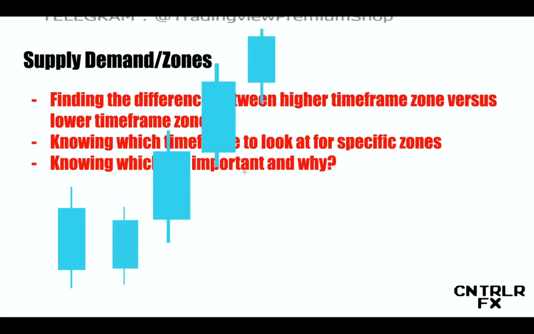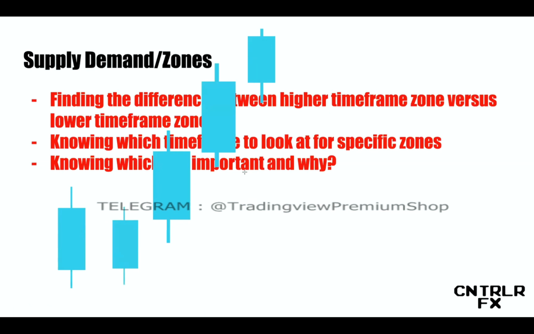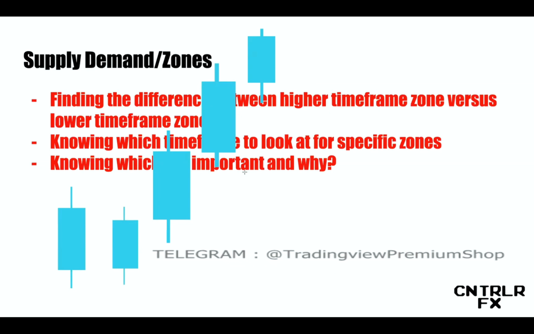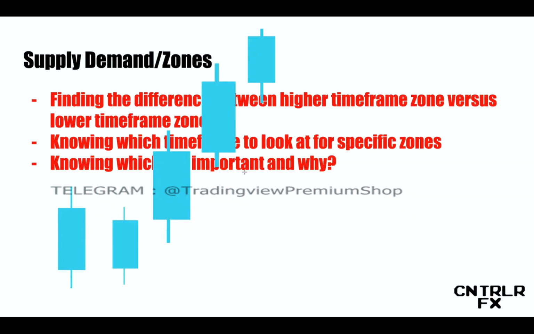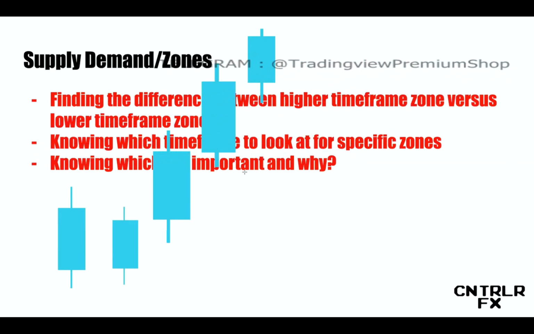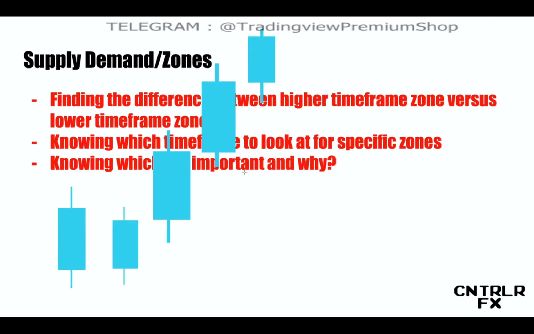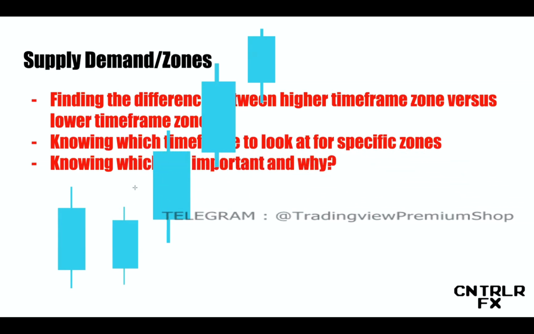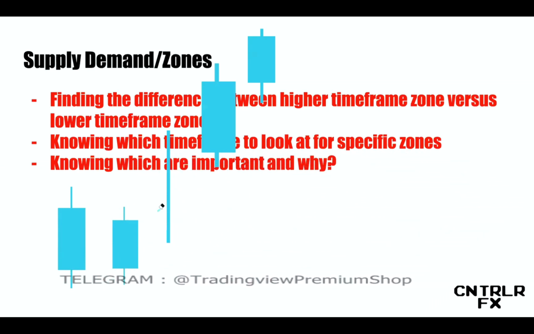So how many 1 hour candles are in a 4 hour candle? There's four of them in a 4 hour candle, so then multiply that by four. 4, 8, 12, 16.